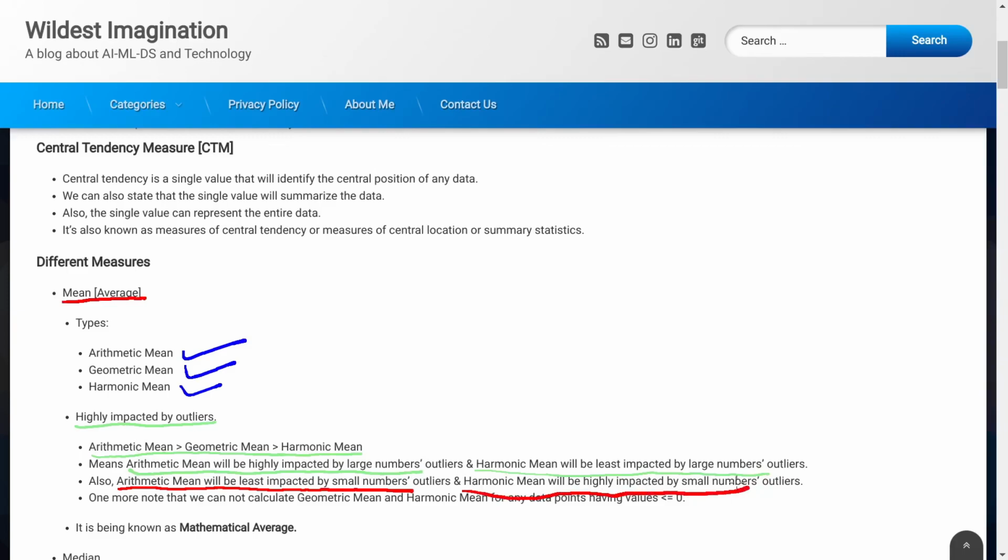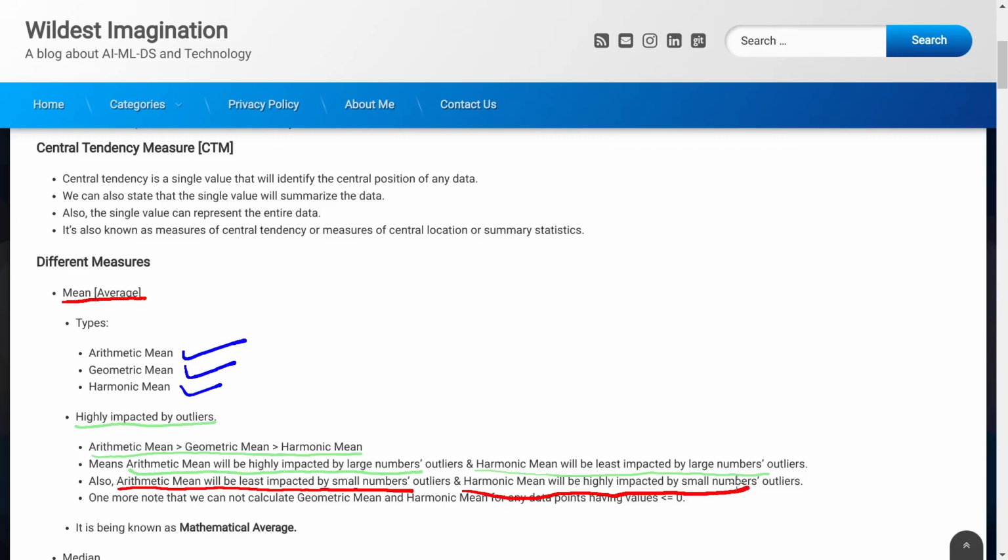Just to give an overview, let's say I have numbers ranging from 1 to 100, and I add one more number which might be in crores. The arithmetic mean will be highly impacted by that crores value.